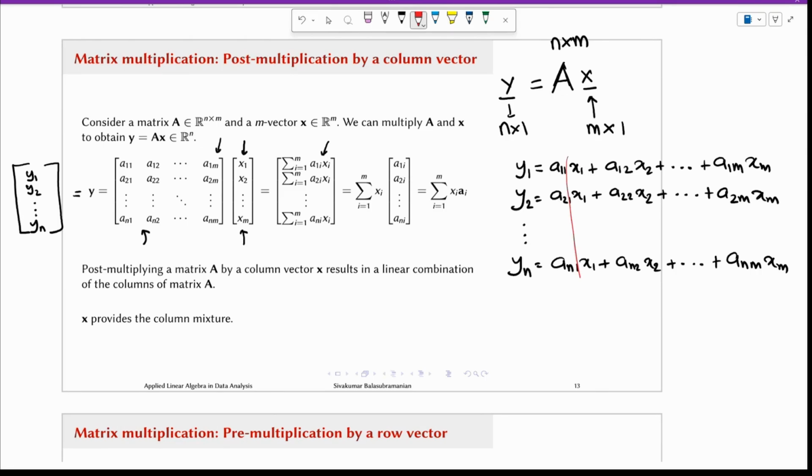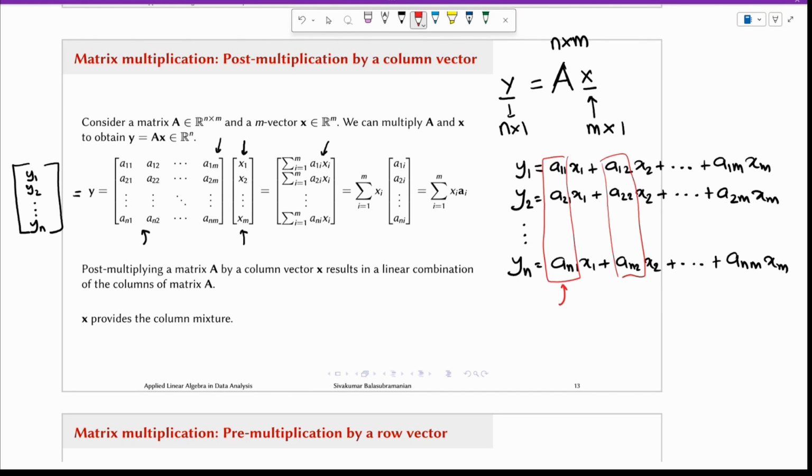this is all X1. If you look at all the terms in front of X1, you get a bunch of AIJs. Similarly, if you look at all the elements in front of X2, you get a bunch of AIJs again. What do these AIJs in front of X1 represent?